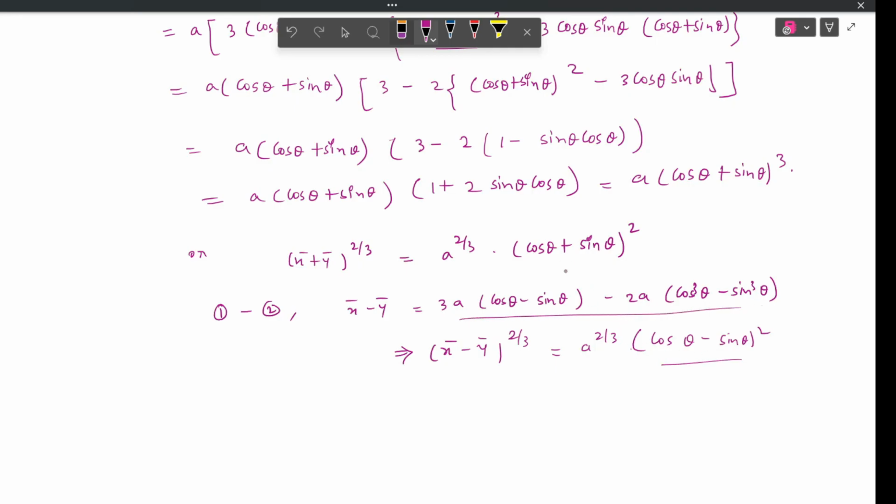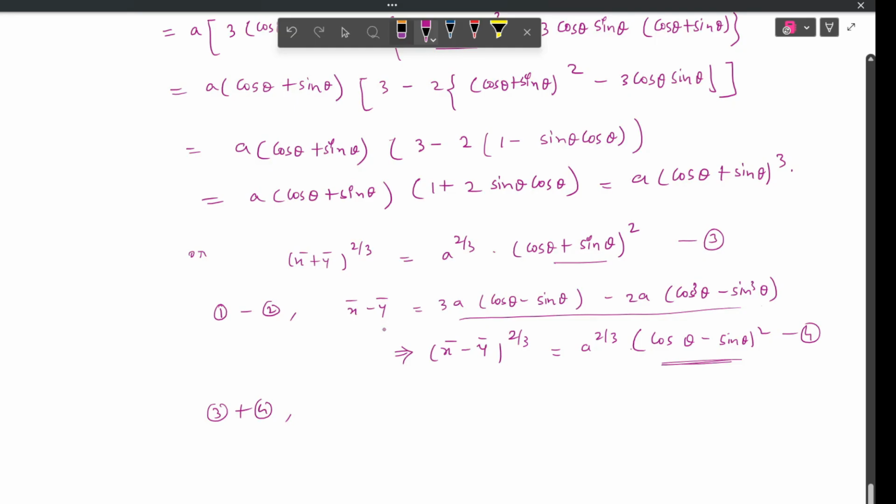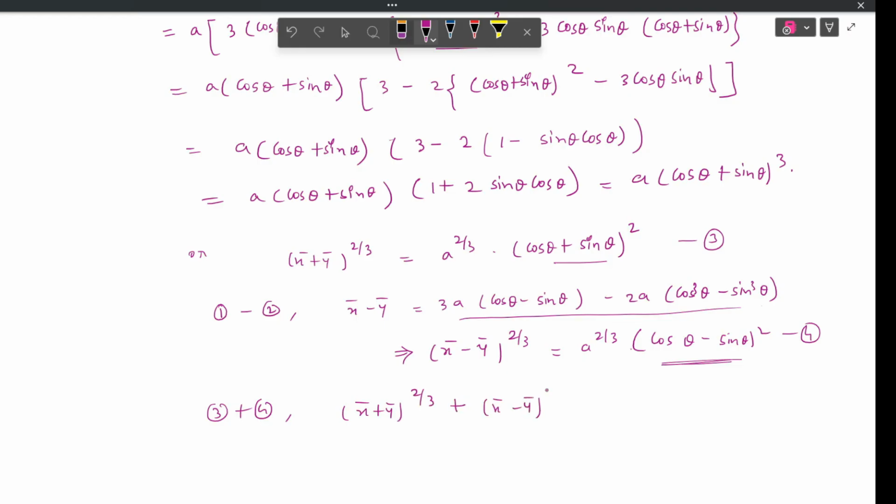You have to proceed in the same manner. You will get this. Here we got cos theta plus sin theta. You will get cos theta minus sin theta here. Now let us say this is our third equation. This is our fourth equation. So if you add 3 and 4, we will get x bar plus y bar to the power 2 by 3 plus x bar minus y bar to the power 2 by 3, that is a to the power 2 by 3 into 2.